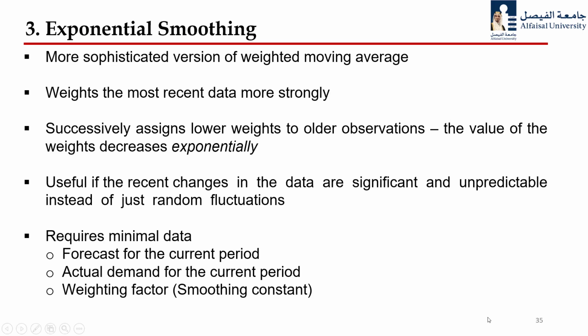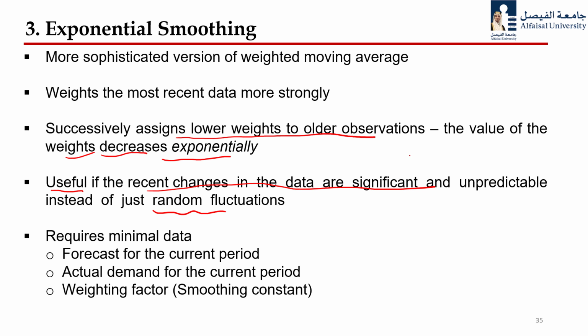That's why we say that in the simple exponential smoothing method, we are able to assign lower weight to the older observations, with exponentially decreasing weights, as I showed you. So exponential smoothing is very useful if the recent changes in the data are significant as well as unpredictable, instead of only random fluctuation.